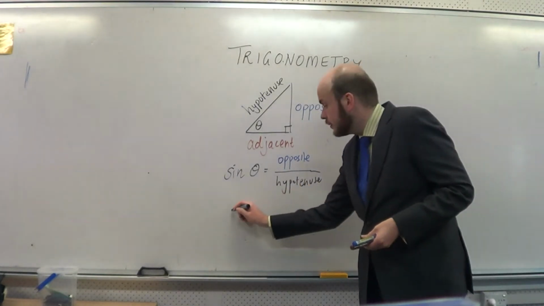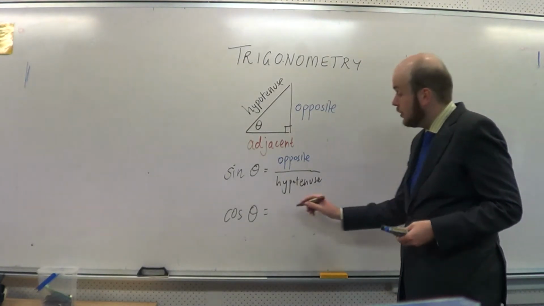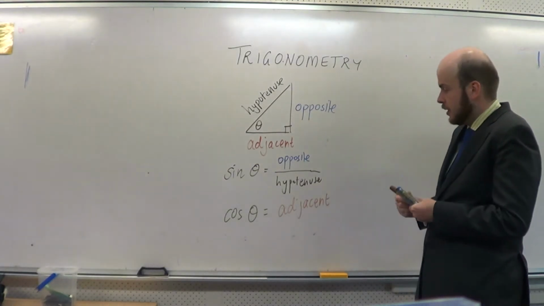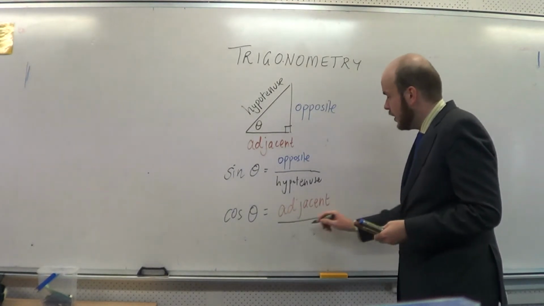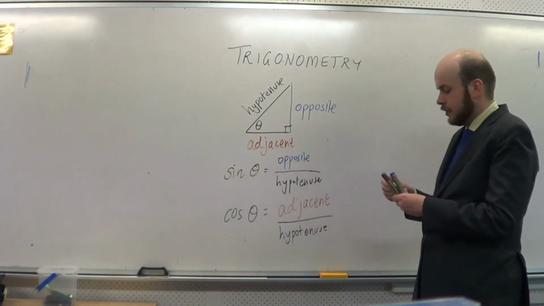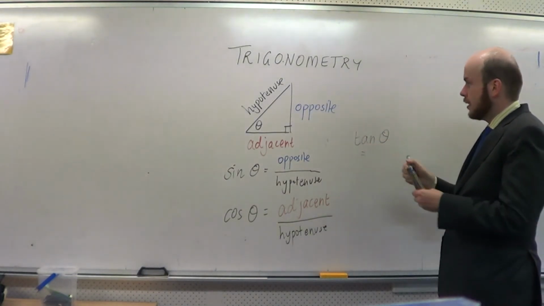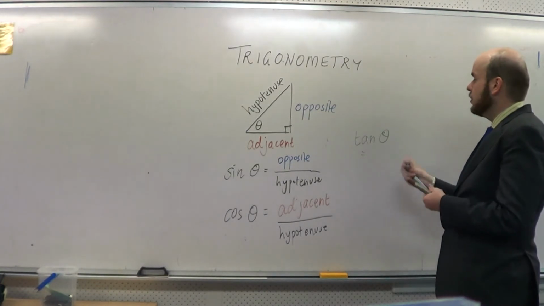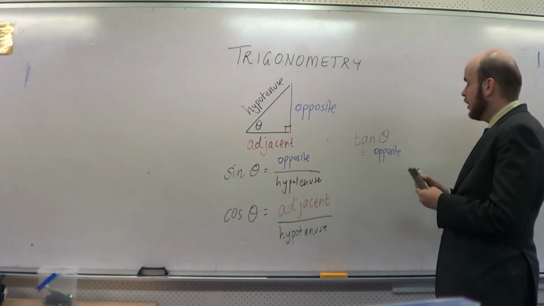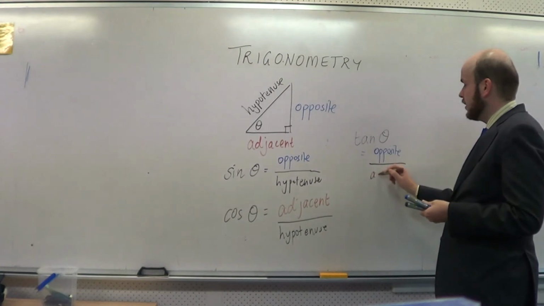Cosine is equal to the adjacent over the hypotenuse, and tangent is equal to the opposite over the adjacent.